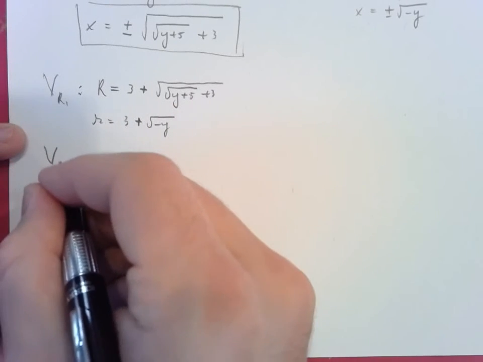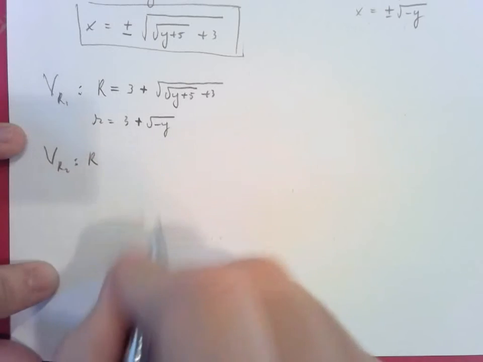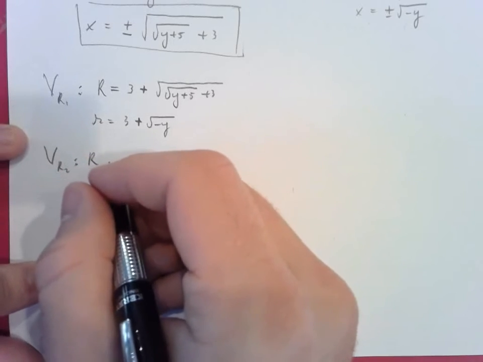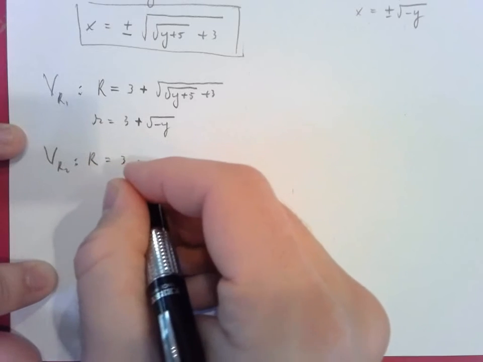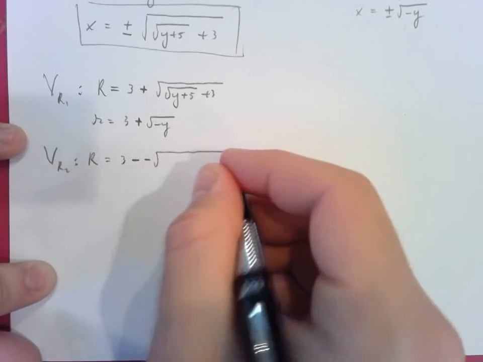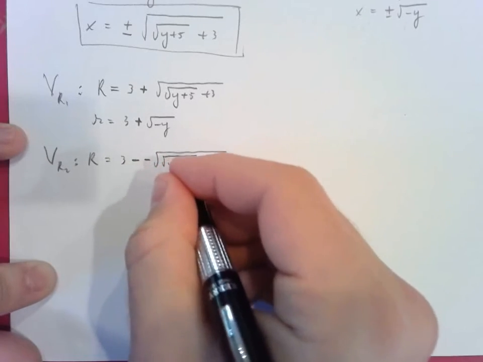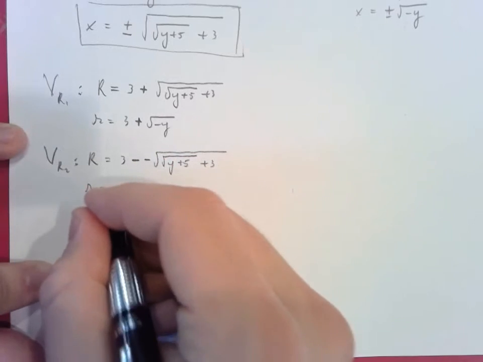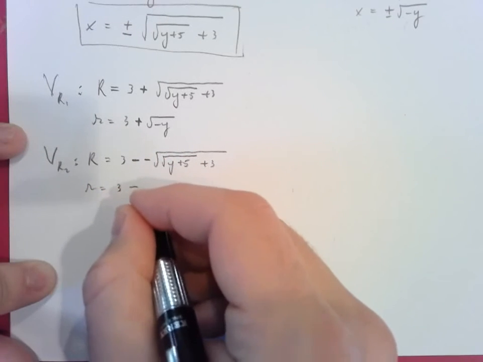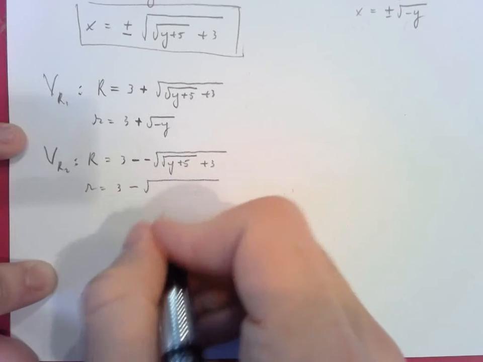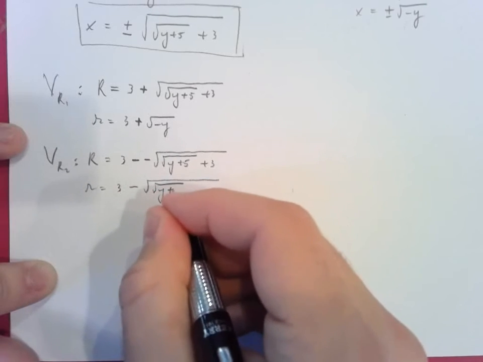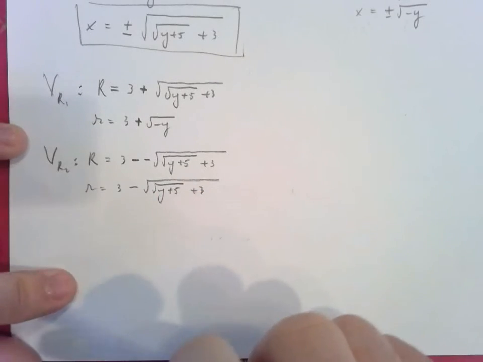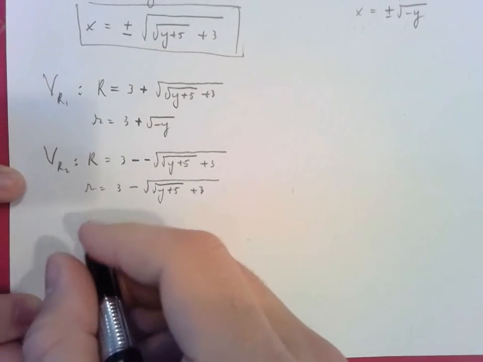For the volume of region 2, the bigger radius is going to be 3 minus the negative root, and the little radius is 3 minus the positive root, because this is strictly bounded by the fourth degree polynomial that we had.